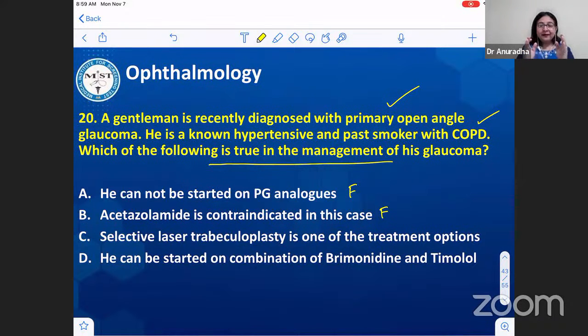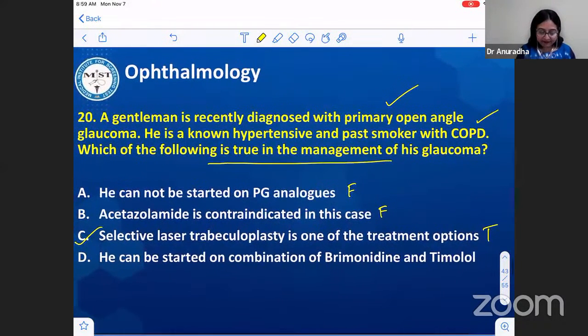If you remember, beta, the management of glaucoma can be divided into medical therapy, laser therapy, and surgery. And for open angle glaucoma, laser trabeculoplasty is the laser which is done. So this is the true statement. These days, many patients are started with laser trabeculoplasty sometimes even before the drugs.